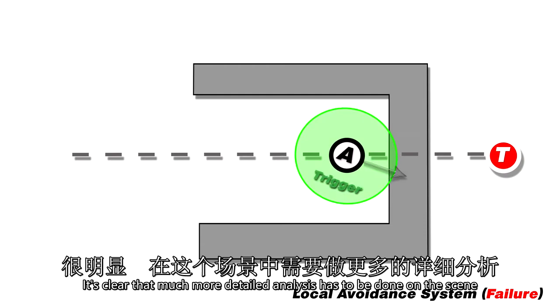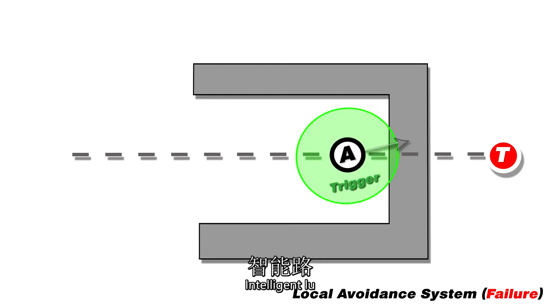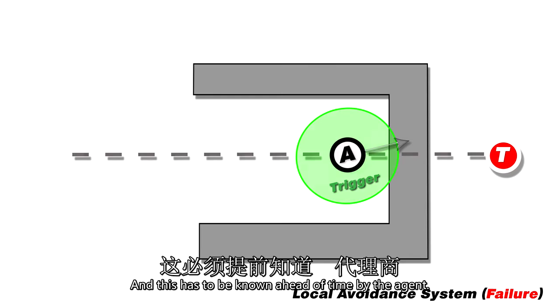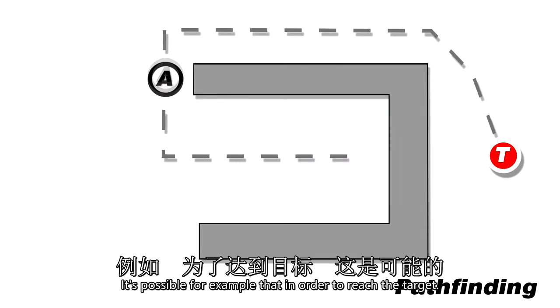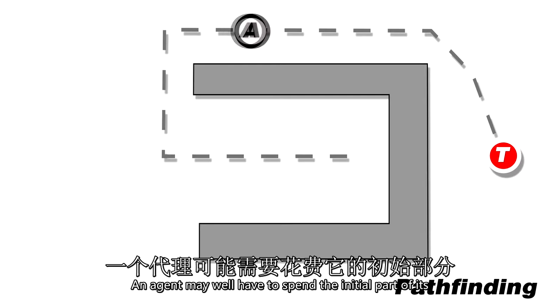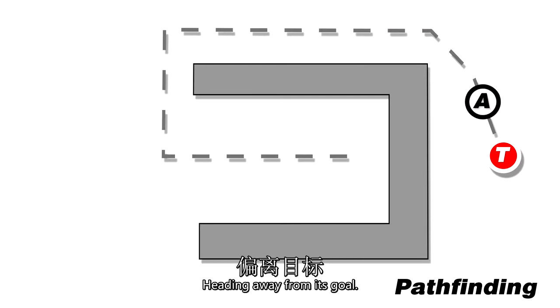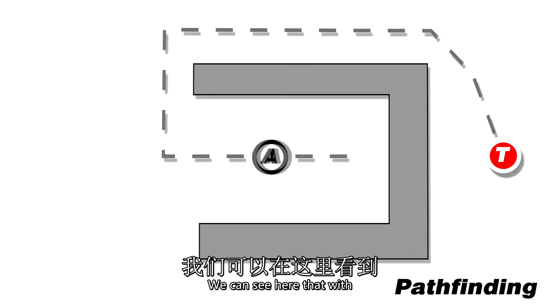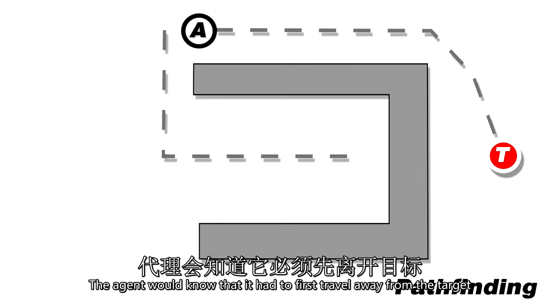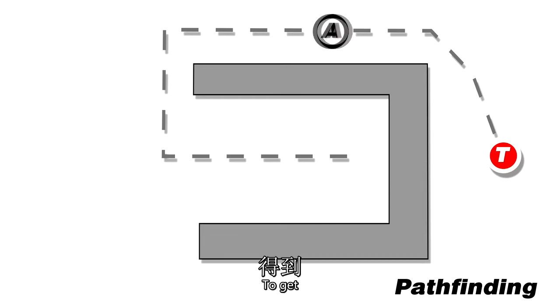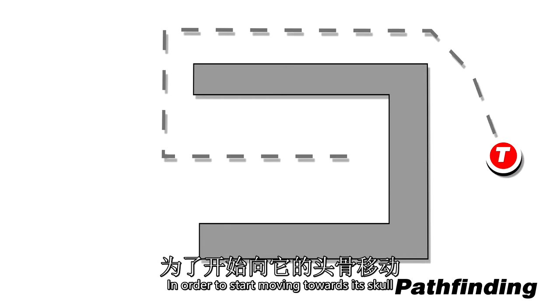It's clear that much more detailed analysis has to be done on the scene to plot a sensible, intelligent route, and this has to be known ahead of time by the agent. It's possible, for example, that in order to reach the target, an agent may well have to spend the initial part of its journey heading away from its goal. We can see here that with detailed analysis of the scene, the agent would know that it had to first travel away from the target to get out of the dead-end passage in order to start moving towards its goal.